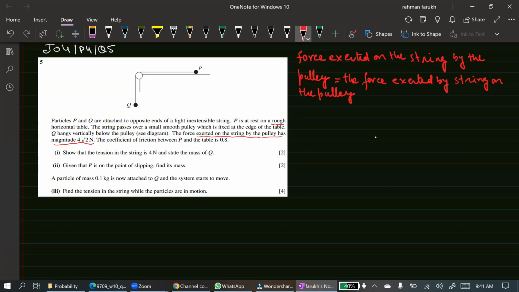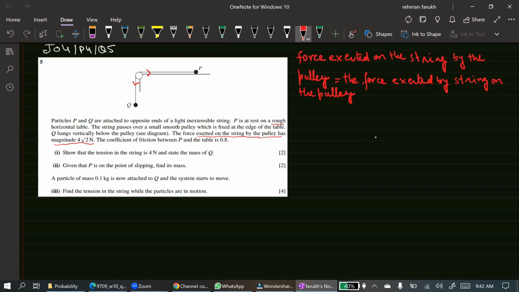Look at both forces: the force exerted by the string on the pulley is from this side, and from this side the string is also exerting a force on the pulley, and the pulley will exert the same force on the strings.